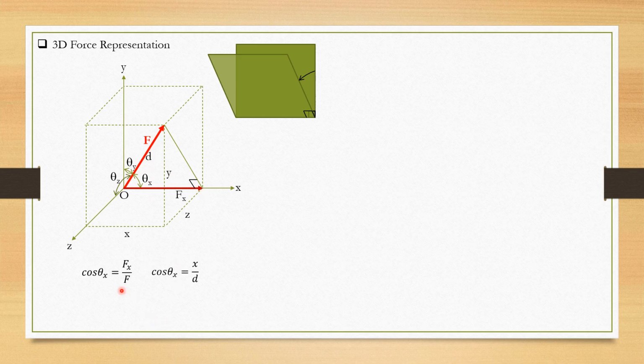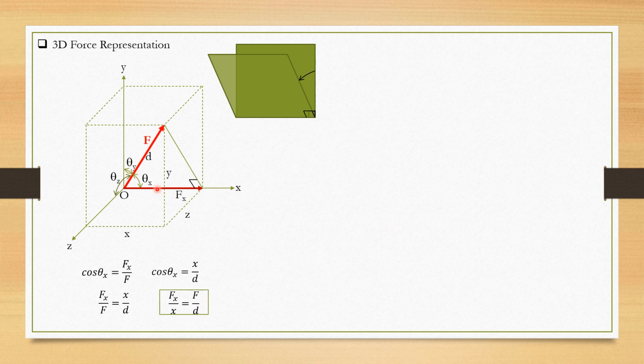So equating, we have Fx over F equals x over d, and we interchange position between F and x, so that Fx over x equals F over d, so that you can easily recall these equal ratios as the x component of force as to the x component of distance equals the force divided by the distance where the force is directed to.